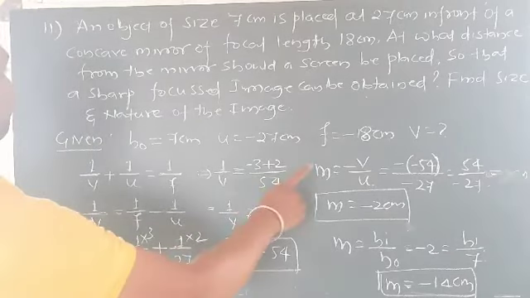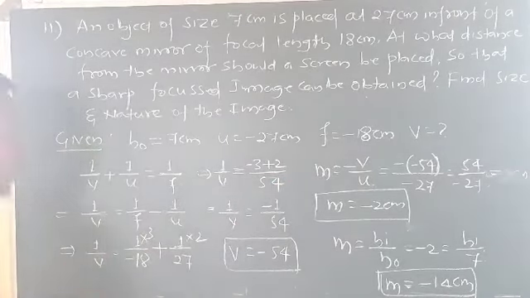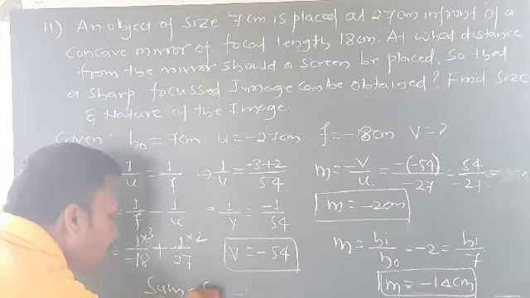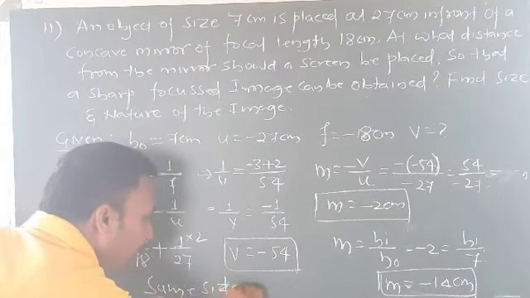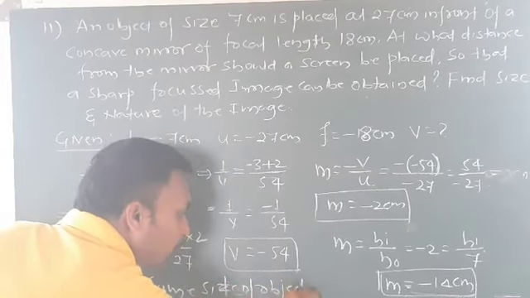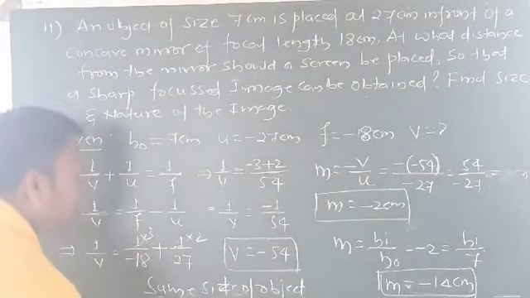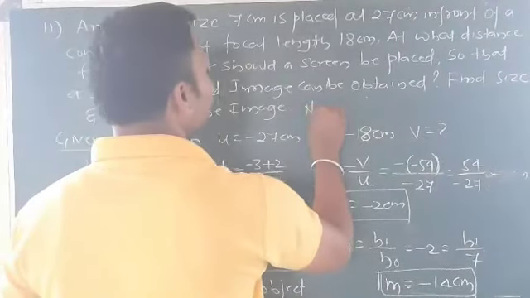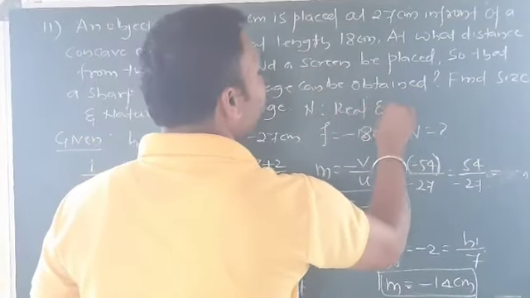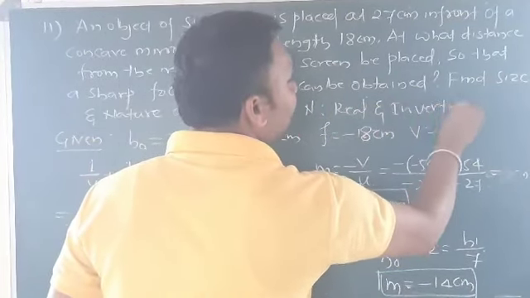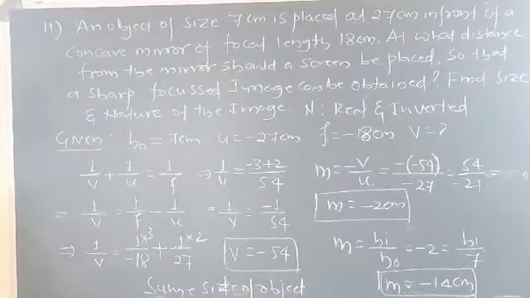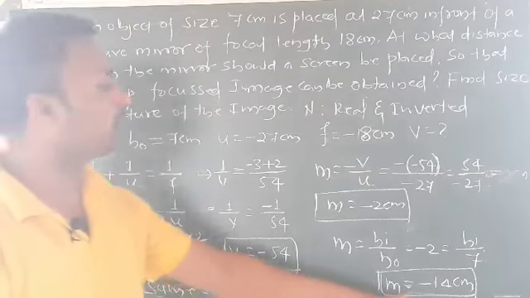So for the position, we can write same side of object position, and the nature is real and inverted, because here we have m is equal to minus. So this problem I hope you understood very well. And the size of the image is minus.